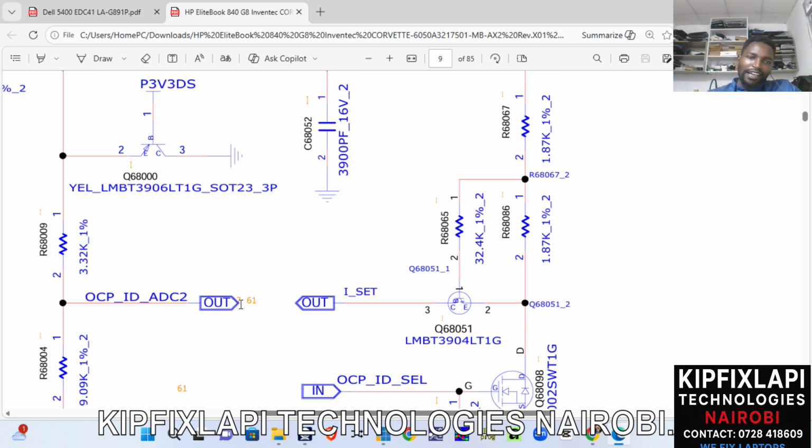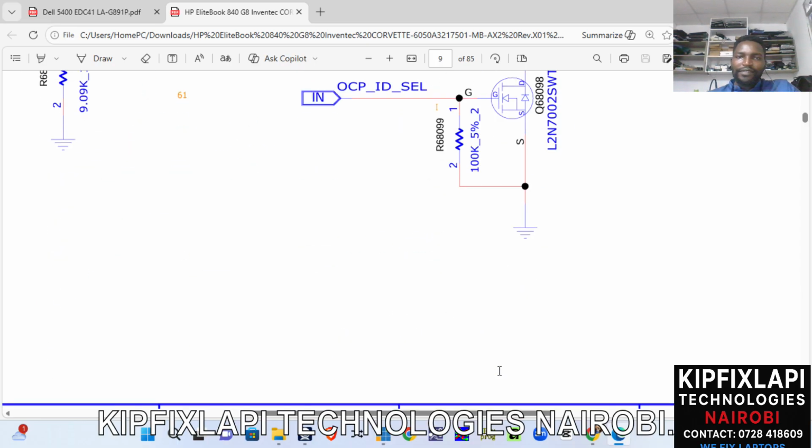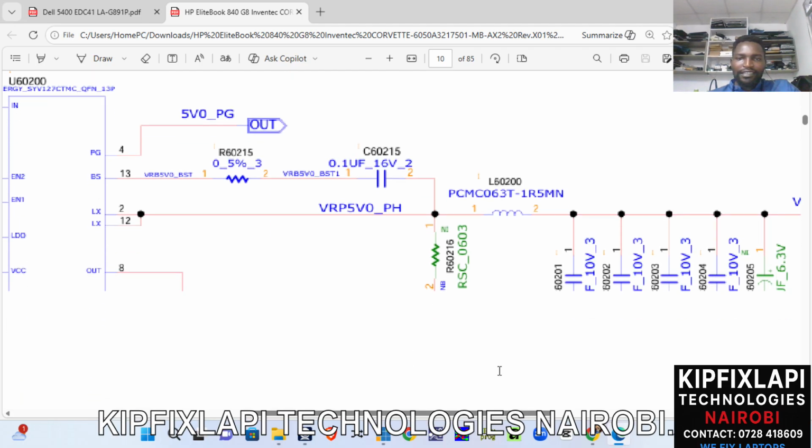When you see this arrow pointing out, they have indicated out, because it's coming from this place. This one is shown going in, so whatever is flowing here is going in through the gate. Then it goes out to either drain or source, wherever it's going.